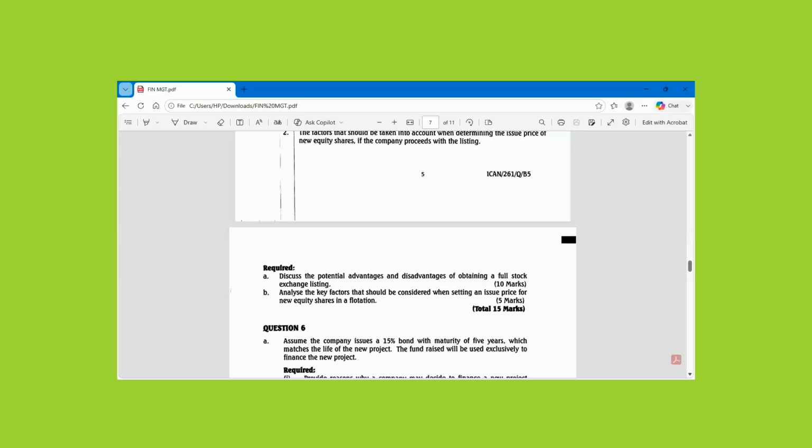A, discuss the potential advantages of obtaining a full stock exchange listing. What are the advantages if you convert a private company to a public company? B, analyze the key factors that should be considered when setting an issue price for new equity shares in a flotation.